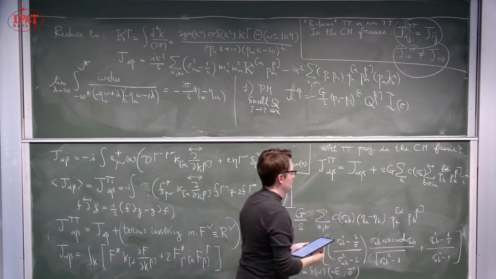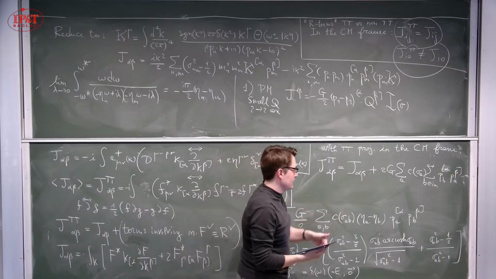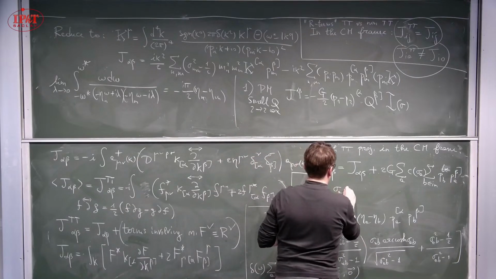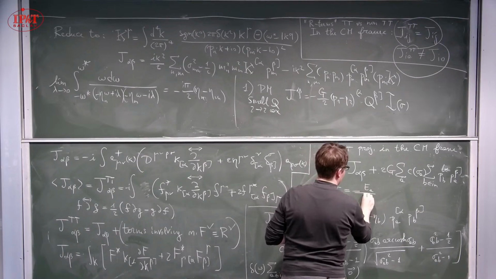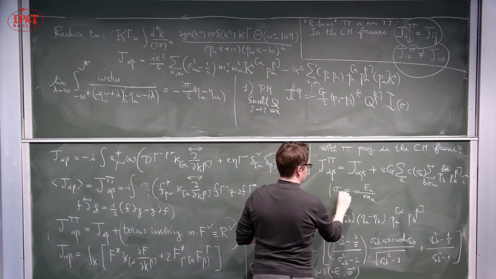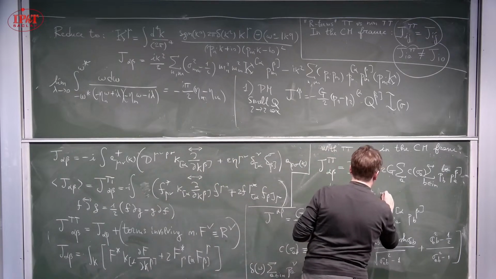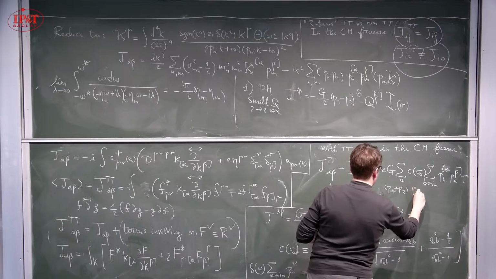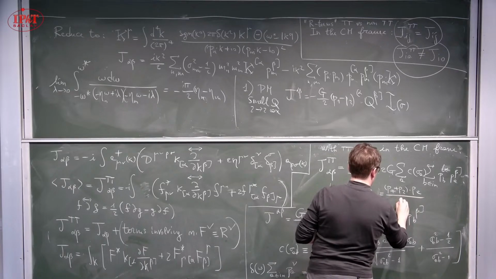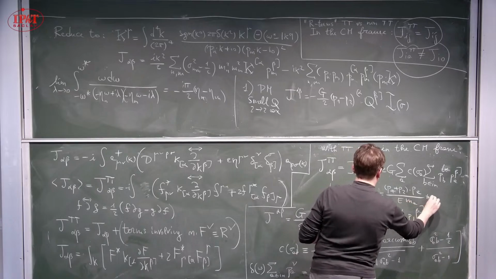Where C is the exact same function I write in here, but then it's evaluated at sigma A, which are defined in the center of mass frame as the energy of the particle in the center of mass frame divided by the mass of the particle. Or if you want more covariantly, as (P1 plus P2) dot PA divided by the mass of A, with an appropriate sign.